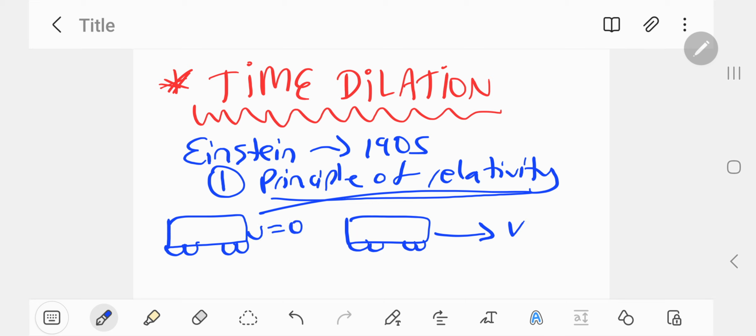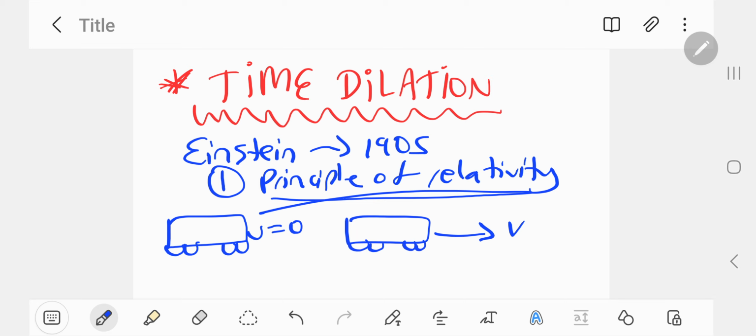In other words, if I was to blindfold you and put you in either of these cars, and let's say give you some earmuffs, to block any noise from the outside, you would not be able to tell in principle whether you were stationary, not moving, or moving at constant speed.